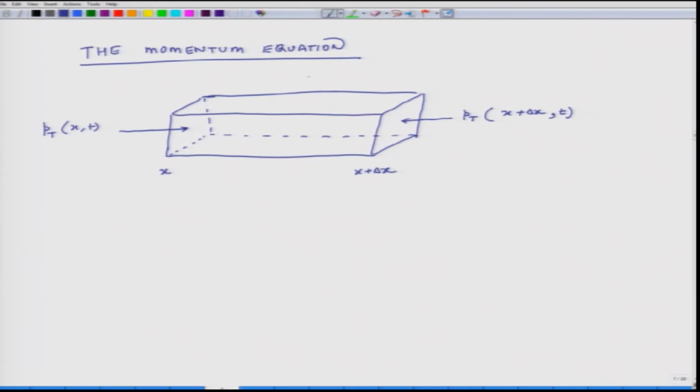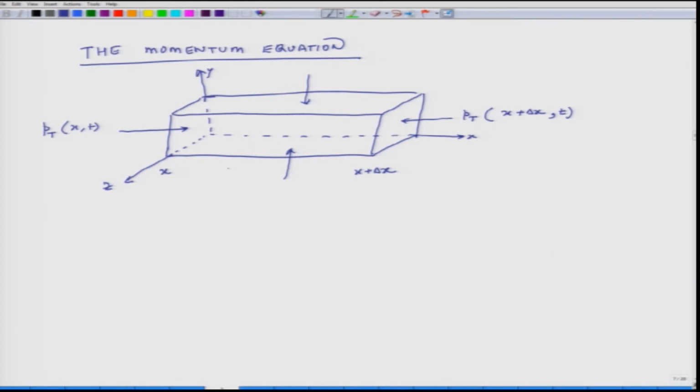There are also forces on the top surface and on the bottom surface. They are also pressures, but the change of pressure in the, so this is my x direction, this is my y direction, this is my z direction, the change of pressure in the y direction is 0. So, the total net force acting in the y direction is 0.